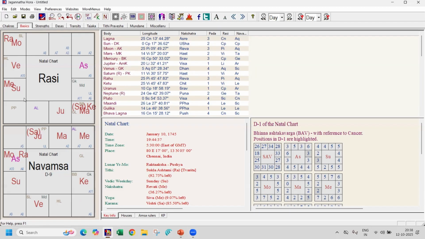And this keeps changing because of the precession, and because of that the position at which this transition happens is changing year by year. In 1745 it was happening around Jan 10th.